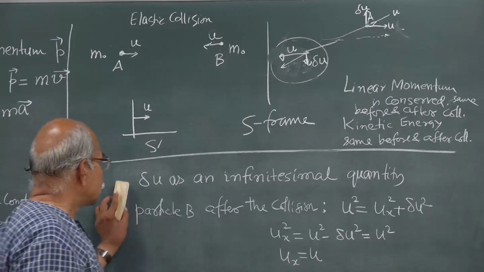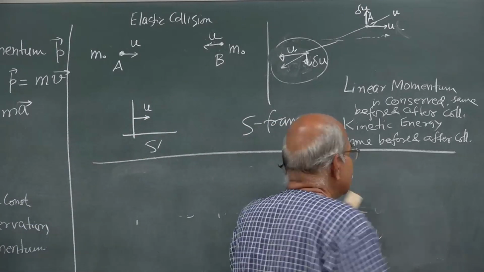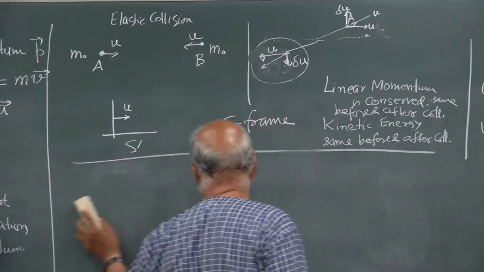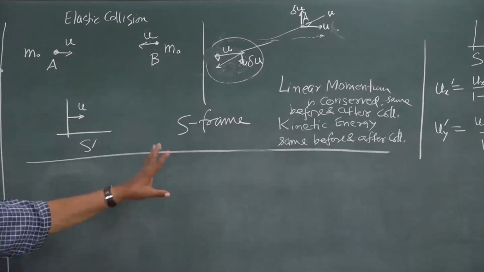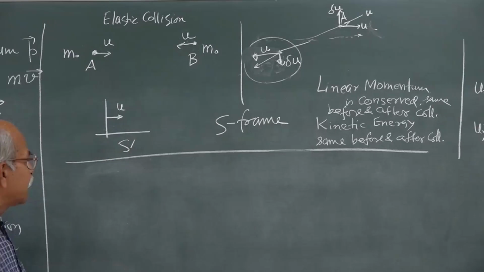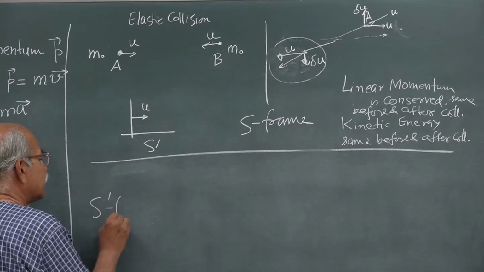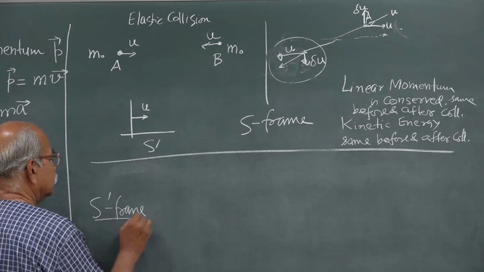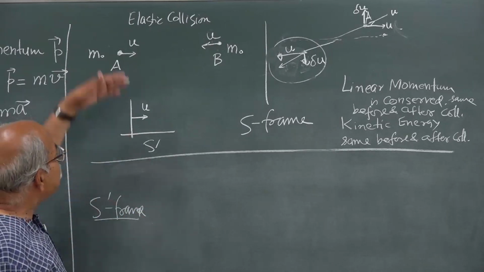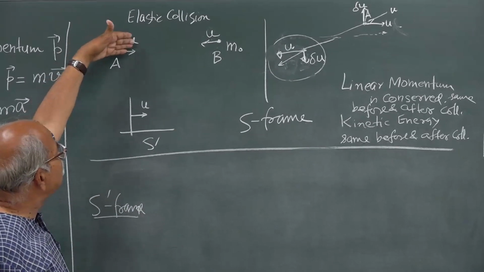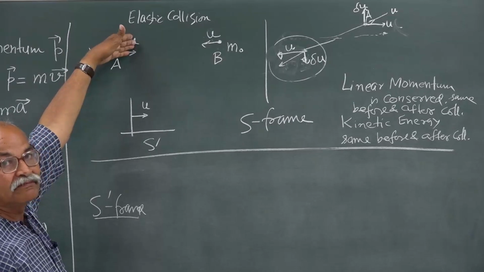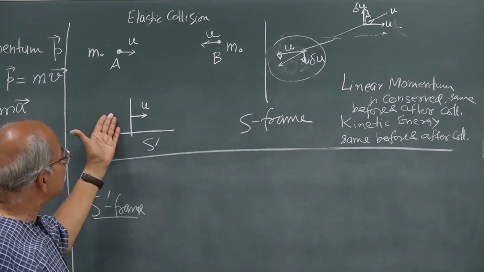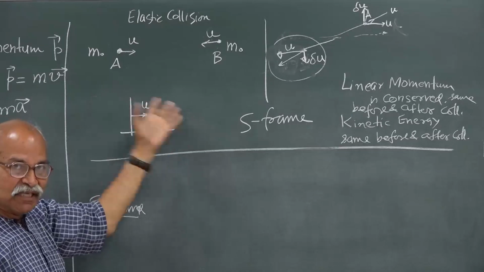Now let us use these transformations to get the components in the S prime frame. So now I am writing from the S prime frame. This particular particle is going with a speed u in the lab frame, and this frame S prime is also going in the same direction with the same speed.